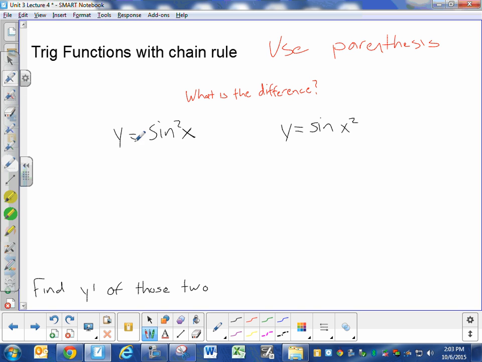Because the sine squared of x is written with parentheses as the sine of x quantity squared. But the sine of x squared is written as the sine of x squared.